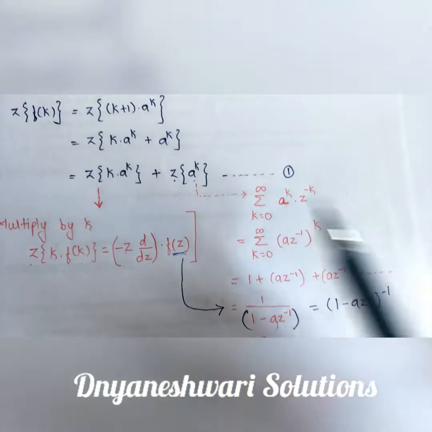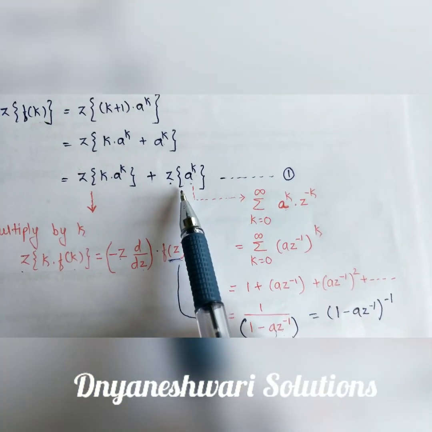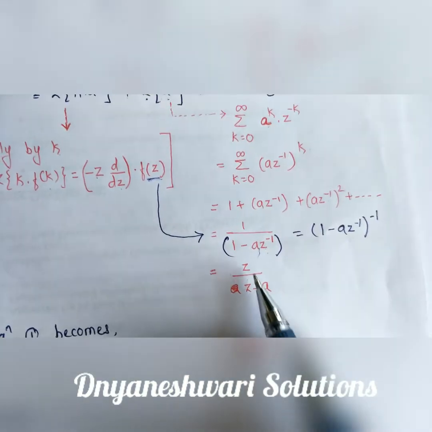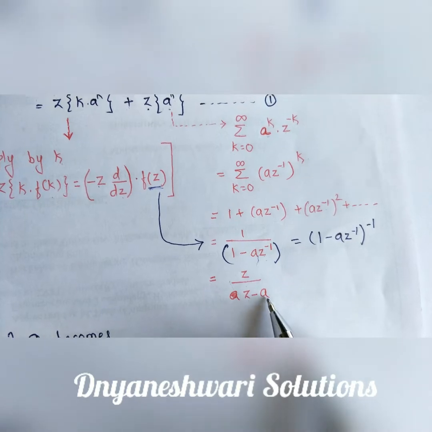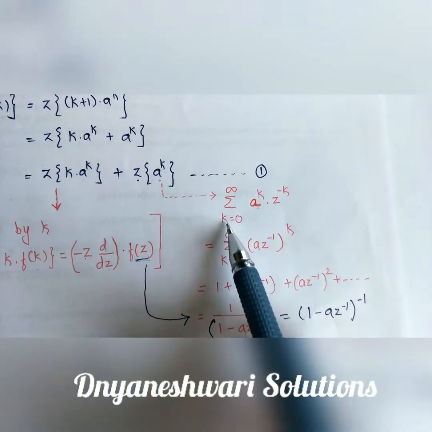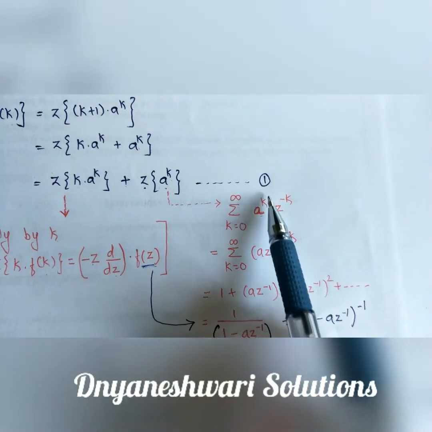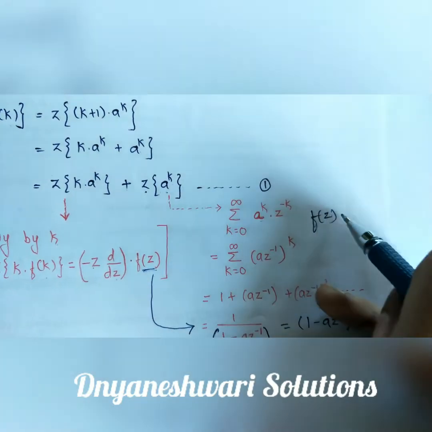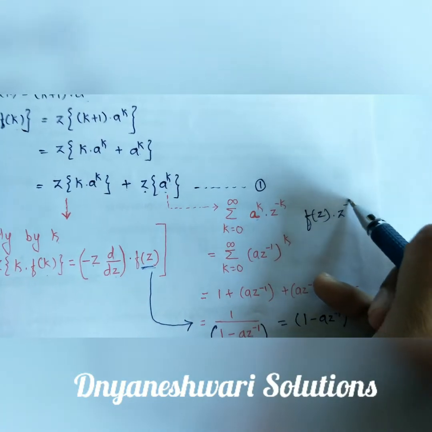We know some general formulas related to Z transform. Z transform of a raised to k is what? Z upon z minus a. So how do we get this formula? By using these steps, that is k goes from 0 to infinity, our general formula is f of k into z raised to minus k.